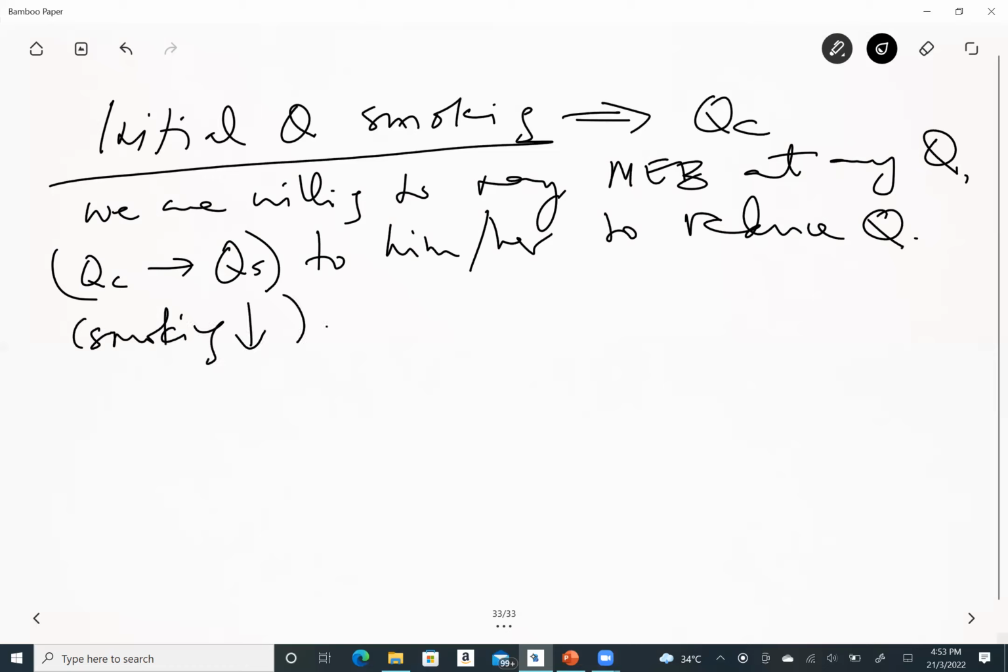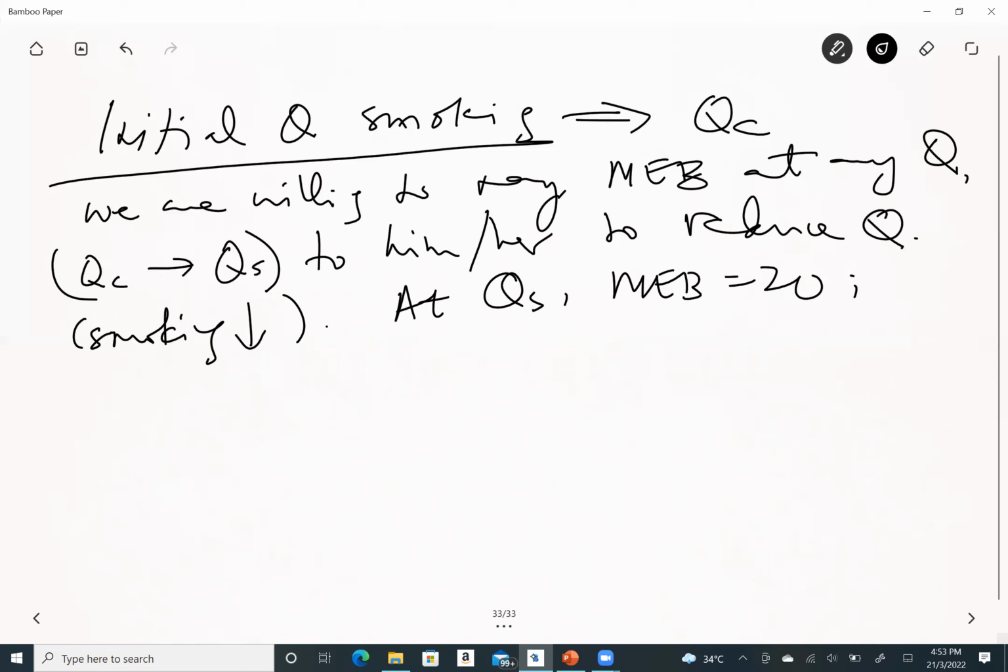Like I said, let's say at QS we give a number so that you can visualize it better. MEB is equal to 20.